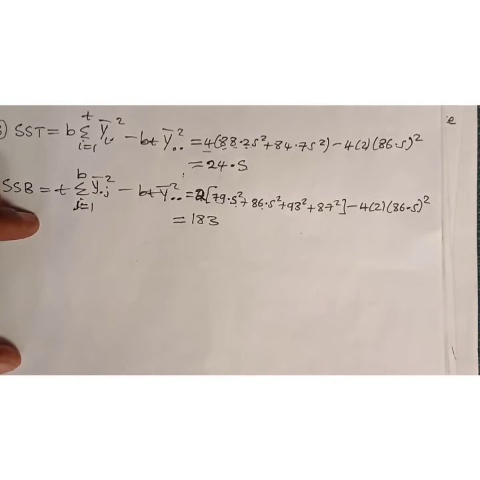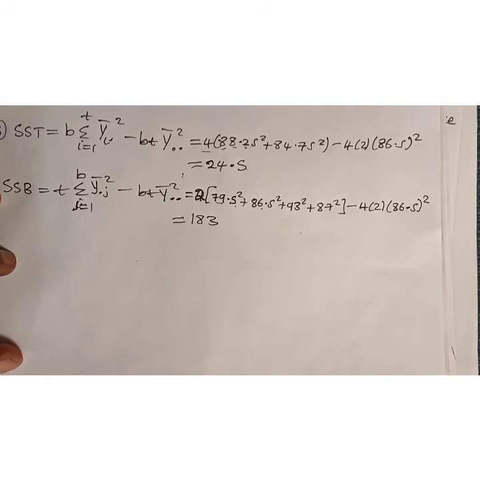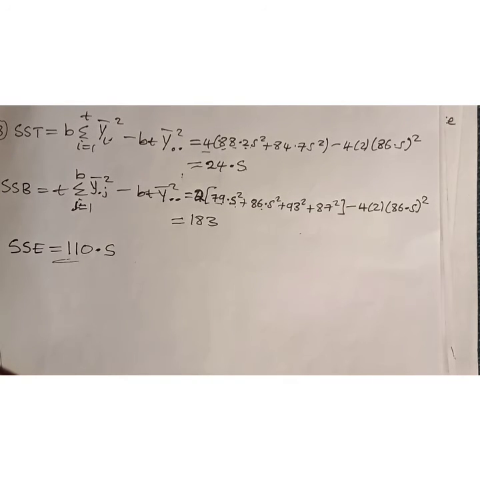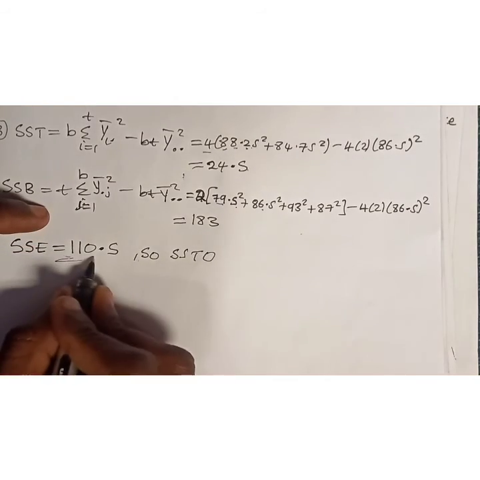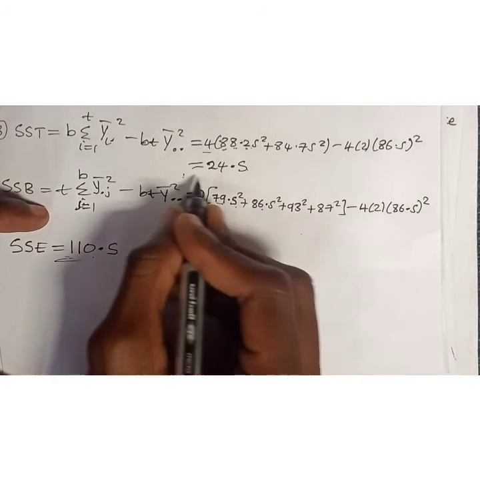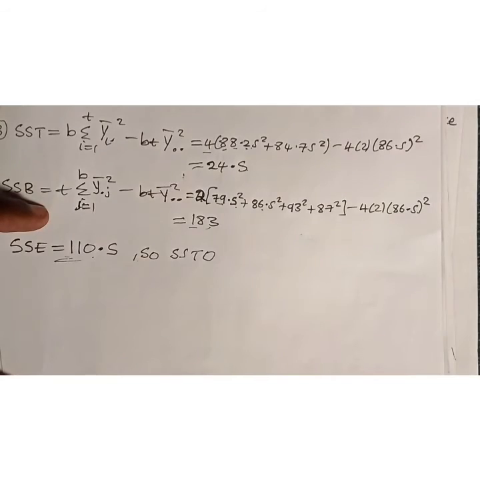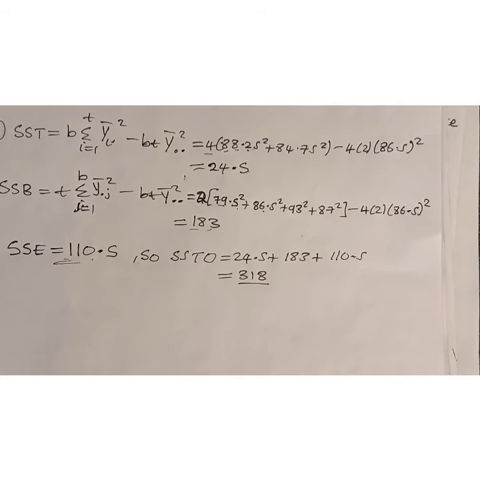I'll need SSTO now, since I know SSE already, which is 110.5 from the previous question. For the total sum of squares, remember, I just add SSE plus SSB plus SST. I'm getting 318.